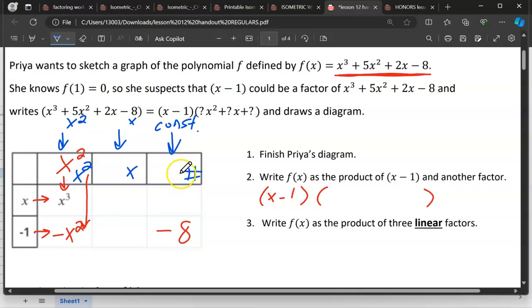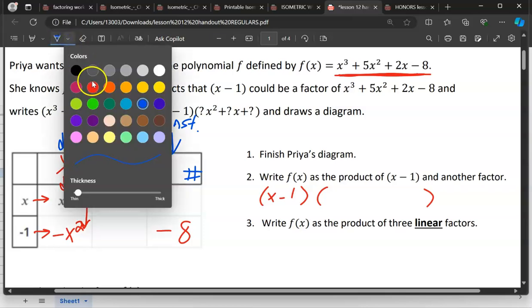There's no x's involved. So I know that this constant term, I could probably work with that right now, but I'm going to wait on that. And I'm going to go back to this middle column.